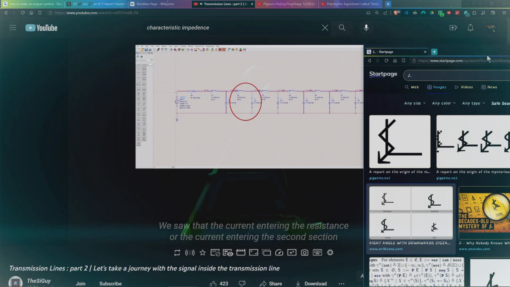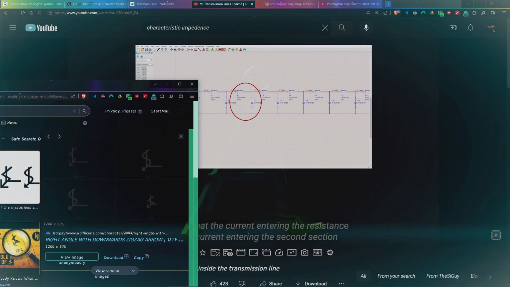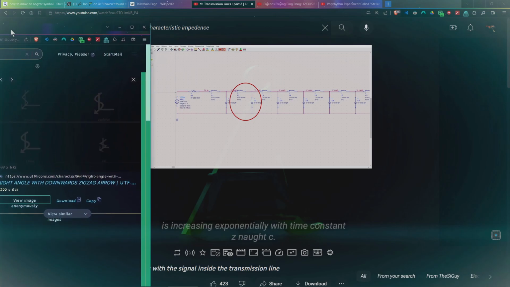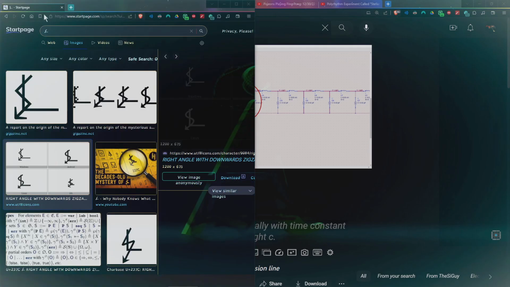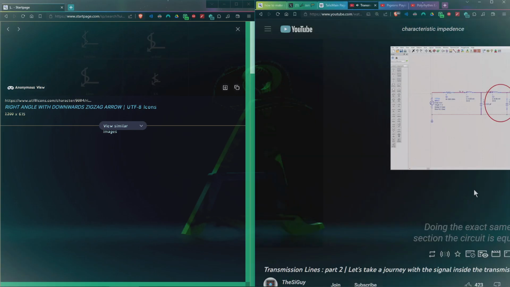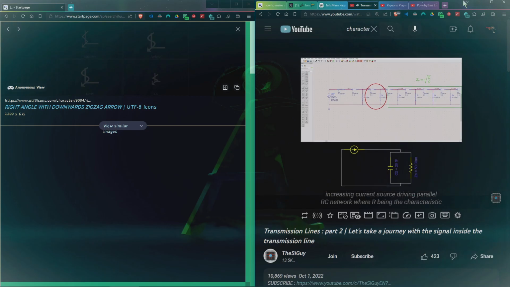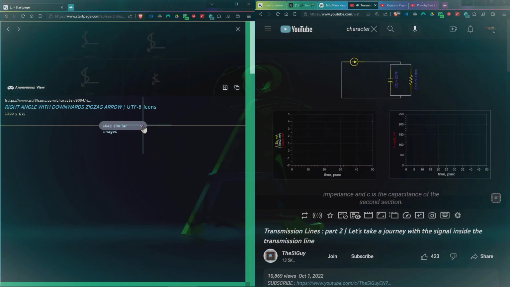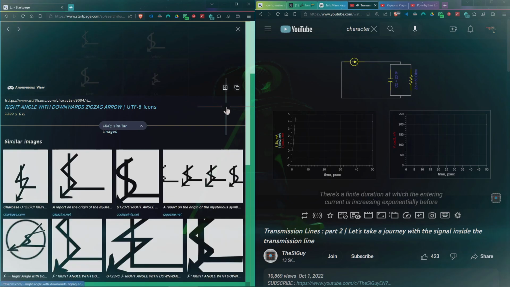We saw that the current entering the resistance, or the current entering the second section, is increasing exponentially with a time constant. Doing the exact same thing, at the second section, the circuit is equivalent to an exponentially increasing current source driving a parallel RC network, where R is the characteristic impedance, and C is the capacitance of the second section. There is a finite duration during which the entering current is increasing exponentially, before settling to the constant value.